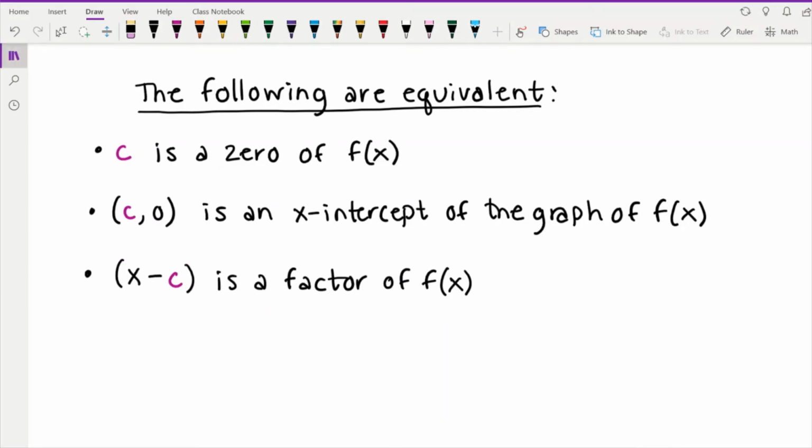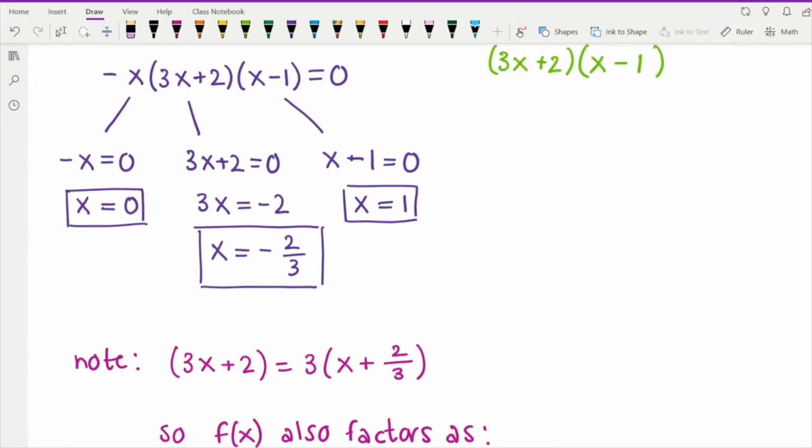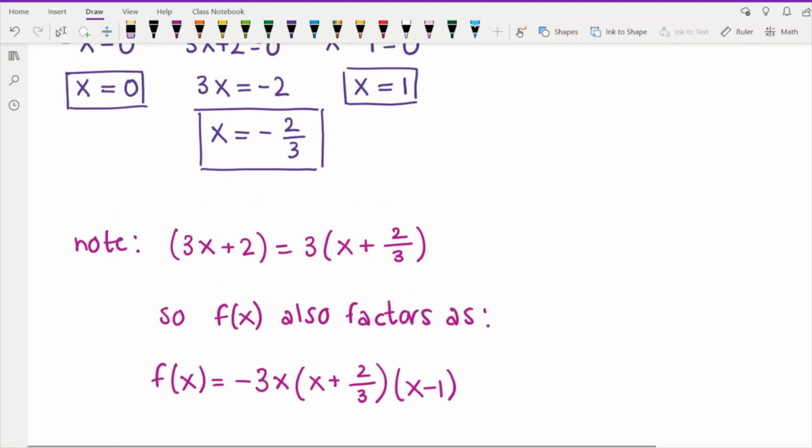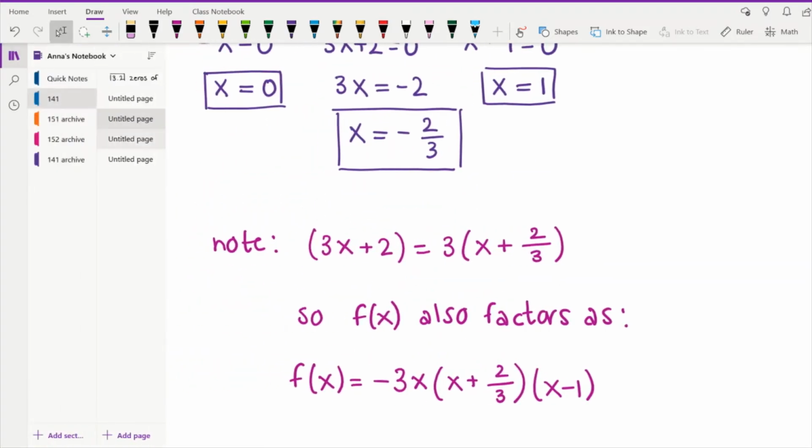Even if the way that you factored it to find that zero wasn't exactly what you expected, there's always a way to rewrite it that way, because you can always factor something out and rewrite it so that it matches up with those expectations. So that's not a super important point. If you're a little confused about that, don't worry too much. It's not really going to come up, but I just thought it was worth mentioning in case you noticed it.